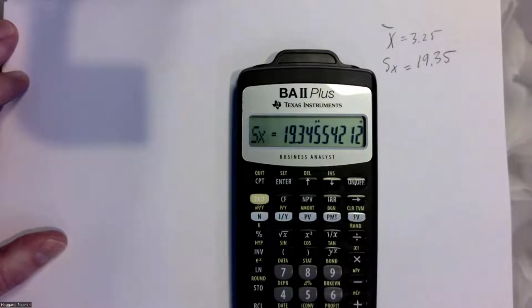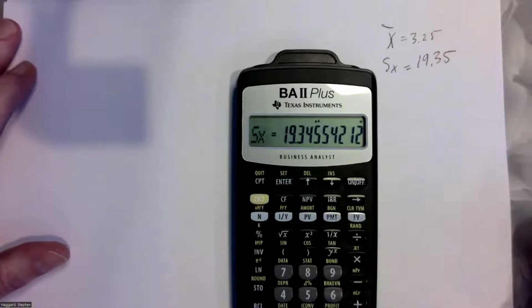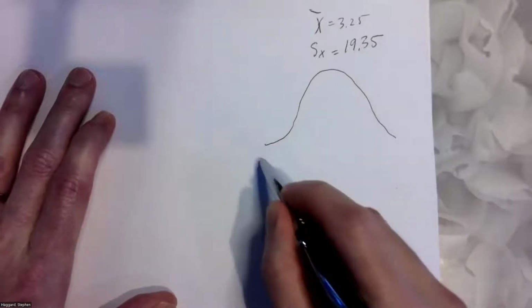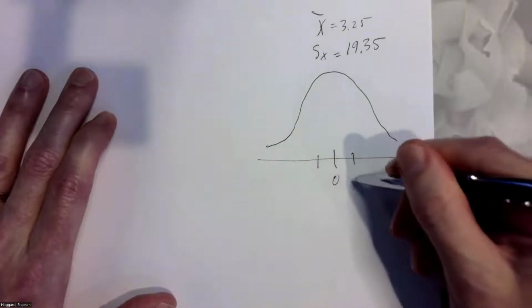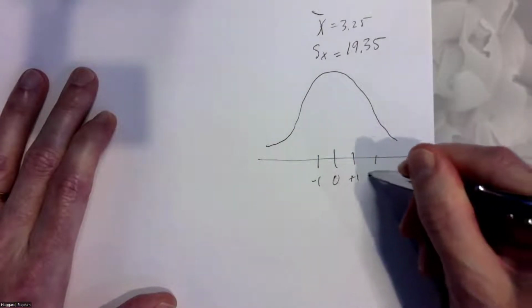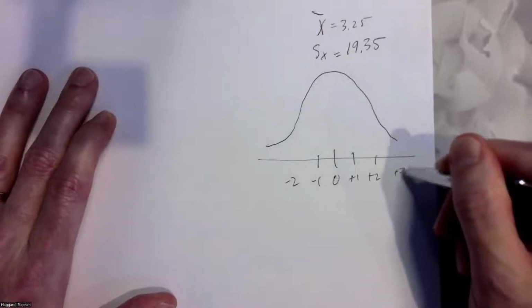Have I blown any minds yet? I think this is all pretty standard stuff. Okay, now it asks for what is the 95% probability range. If you think back to the normal distribution, we have plus or minus 1 standard deviation, plus or minus 2, and plus or minus 3.